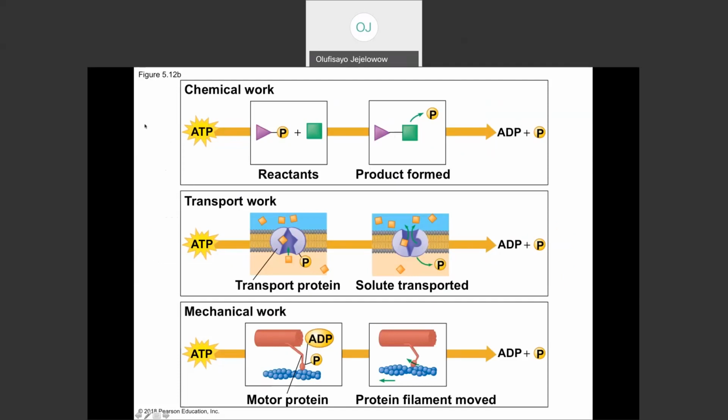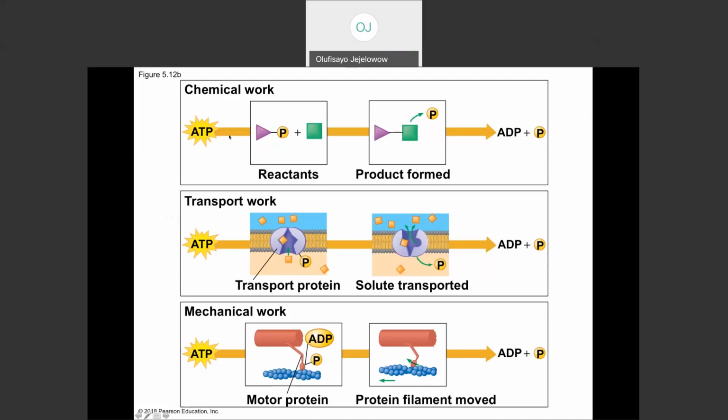So the ATP, in doing chemical work, will facilitate the reaction, which is the actual metabolism, but ATP itself will be changed to ADP and inorganic phosphate.